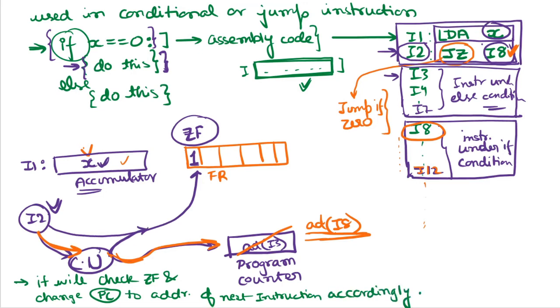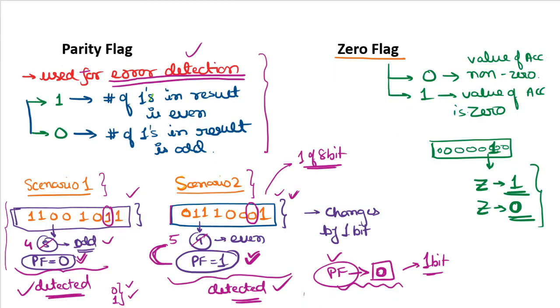Accordingly means if the 0 flag is 1, then the address of the next instruction will be the address of instruction I8, else it will remain the address of instruction I3.